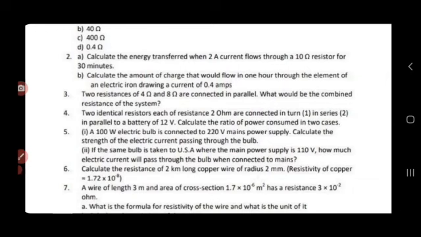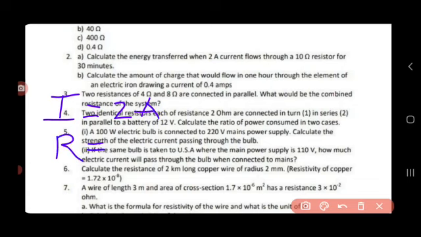Firstly, we have to convert the time into second. So 30 into 60, that is 1800 second. That is the time. You have to find out the energy transferred, and here energy is nothing but the heat energy, and its formula is H is equal to I square RT.